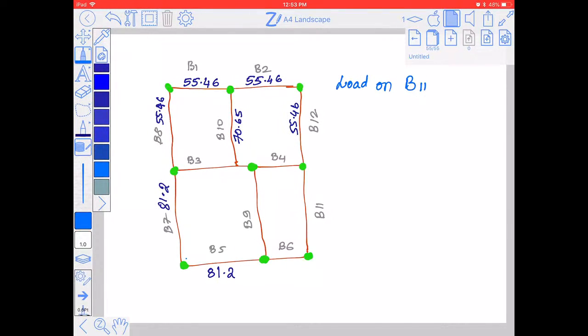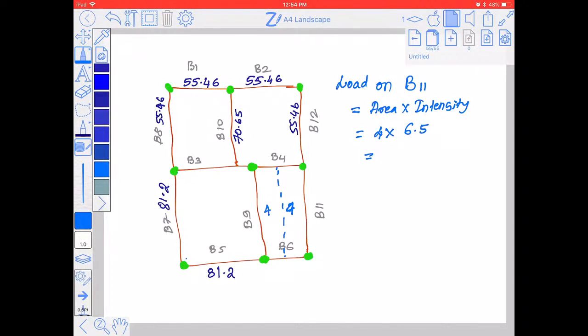How will we calculate load on B11? This is distributed, right? Area of this is 4 square meter, right? So area into intensity. The similar method I need to adopt. 4 into intensity 6.5.